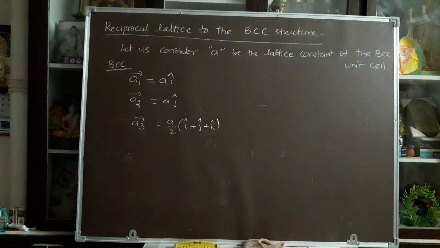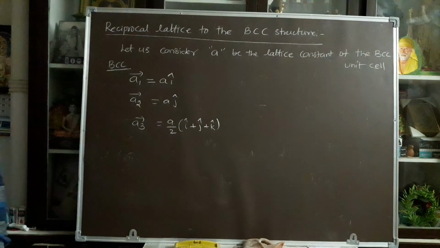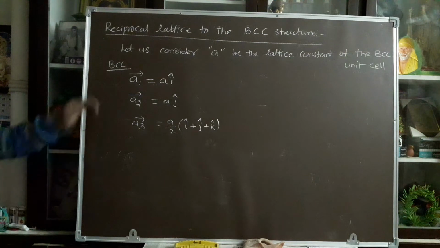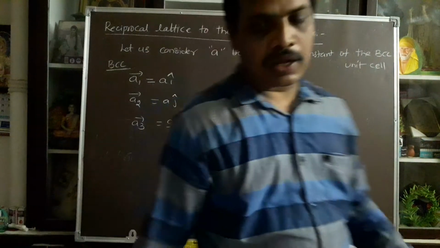This is from the 3-dimensional point of view. Based on these 3 vectors, with respect to the BCC structure, we can convert into the reciprocal lattice.